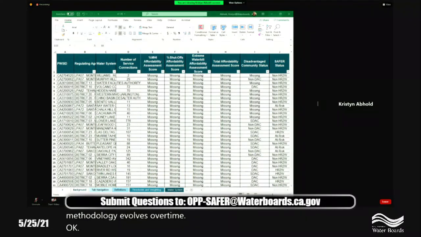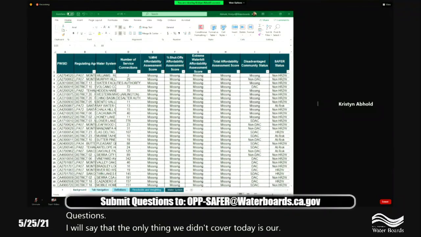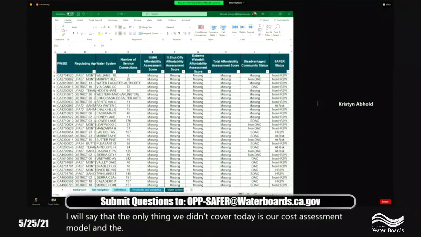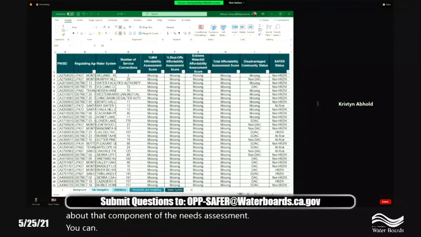All right. I don't see any other questions. I will say that the only thing we didn't cover today is our cost assessment model and the funding gap analysis. So if you're interested in learning about that component of the needs assessment, you can check out our needs assessment website.